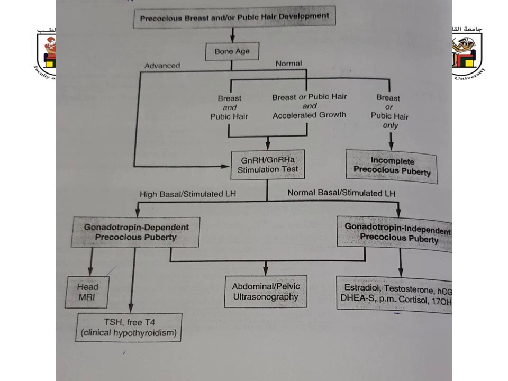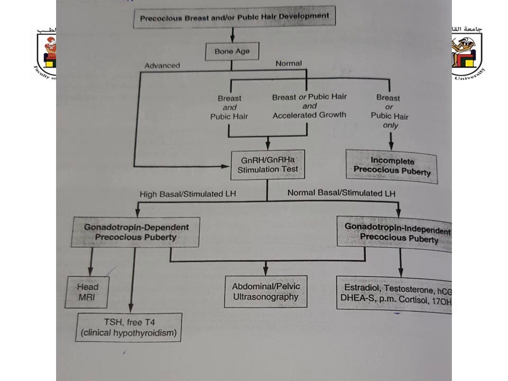If basal and stimulated LH are normal, this is a case of gonadotrophin independent precocious puberty. You can search for other peripheral hormones as we mentioned, or you find them high for gonadotrophin dependent precocious puberty. Ask for MRI, exclude hypothyroidism, and in both cases you should do abdominal and pelvic ultrasound to exclude abnormal masses.